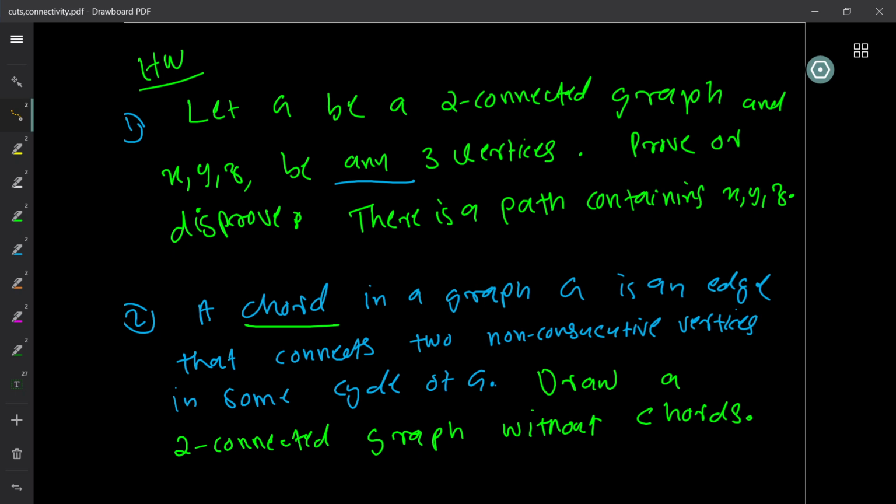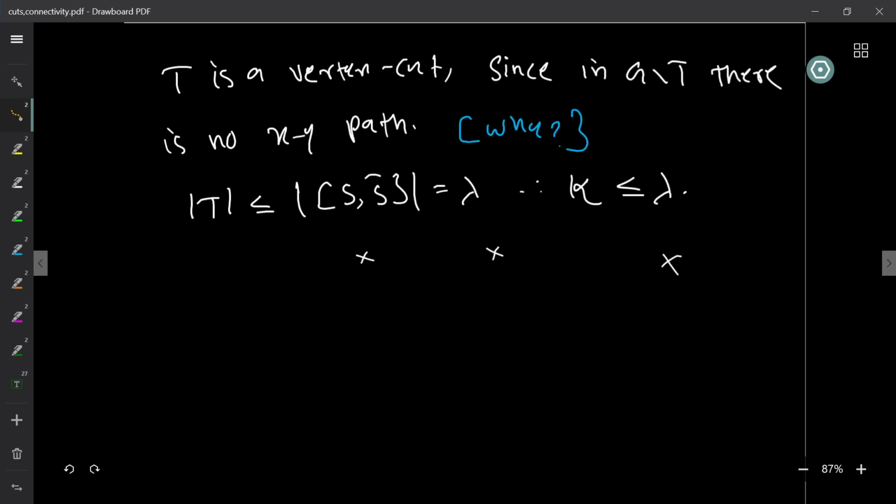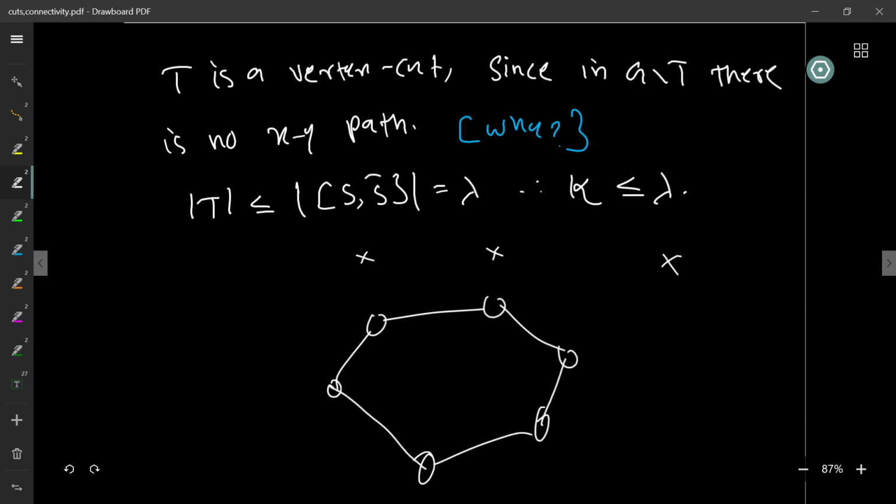The second is that I define something: a chord is basically an edge that connects two non-consecutive vertices. Let me give an example. Okay, so I have a cycle, let's say, and I add this edge.